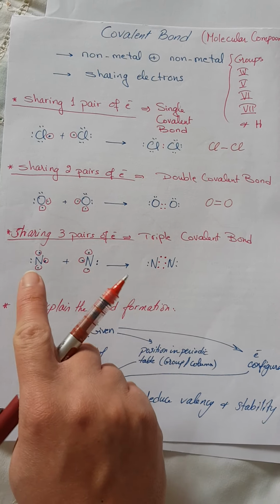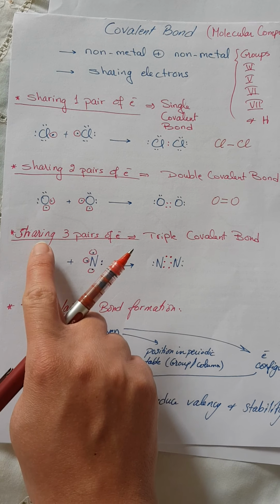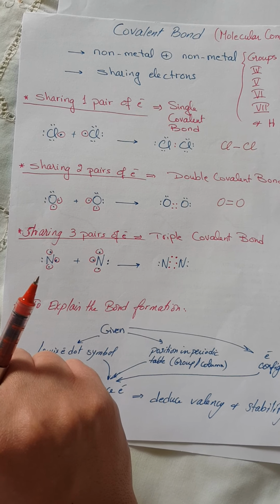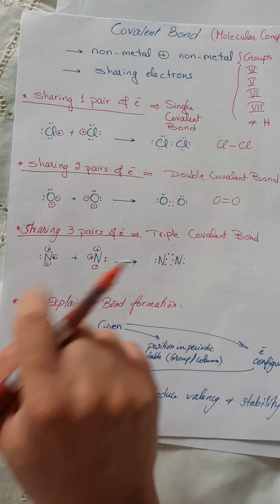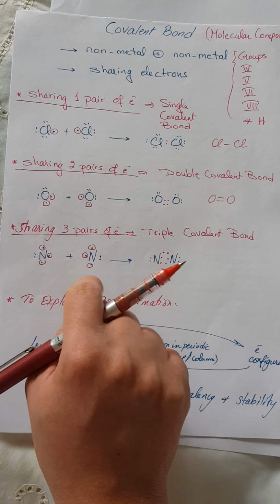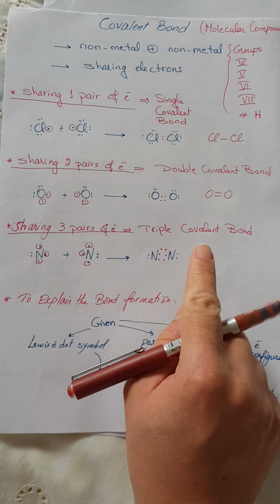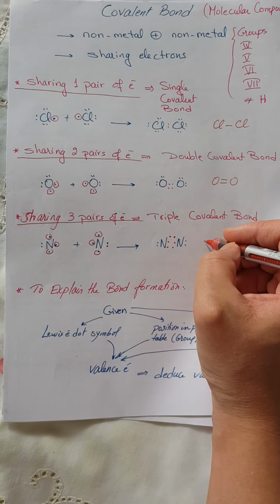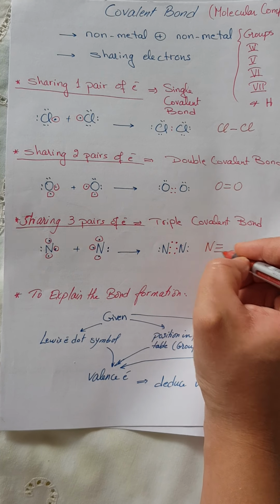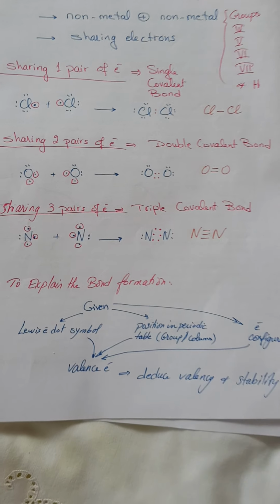For the triple covalent bond, nitrogen has 3 valence electrons. It will share 3 to become stable, and the other nitrogen also shares 3 to become stable. So both together will share 3 pairs of electrons, forming a triple covalent bond.